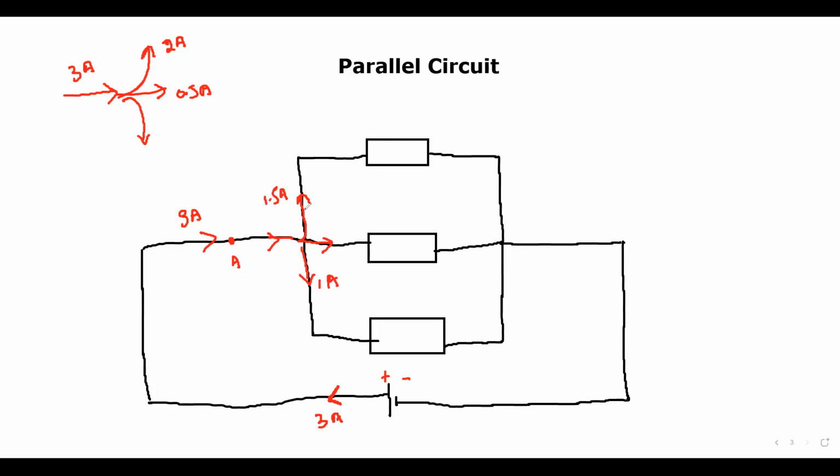1.5 ampere here, 1.5 ampere here. So how much current will flow through this bottom branch? If 1.5 ampere goes up and 1.5 ampere in the central, how much current will flow through the branch at the bottom? The total sum should be 3.